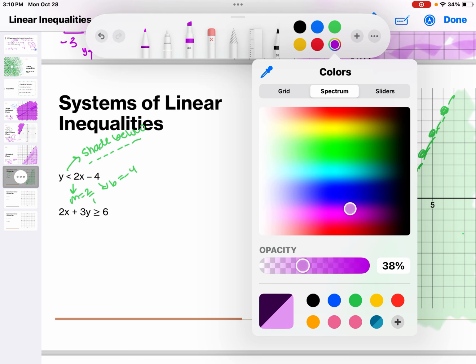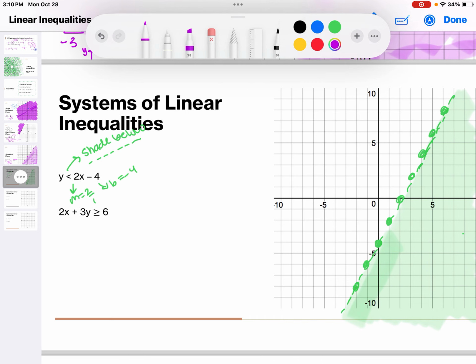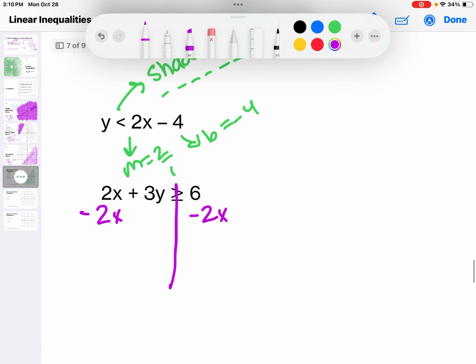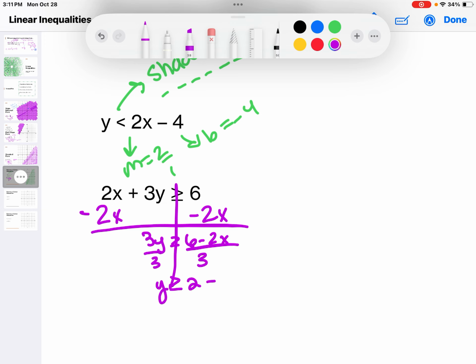For this one, again, we want to change it. Minus 2x, minus 2x. 3y is greater than or equal to 6 minus 2x. Divide by 3. y is greater than or equal to 2 minus 2/3 x.